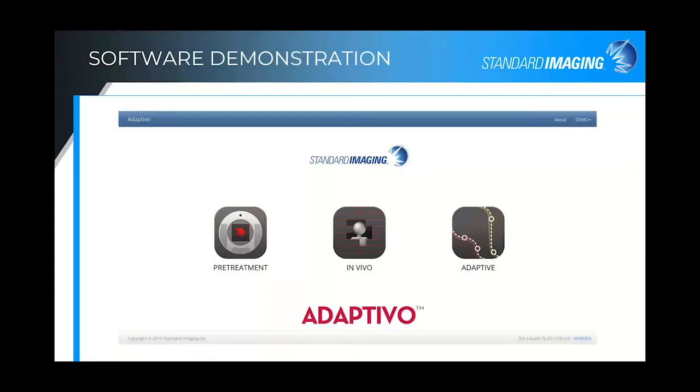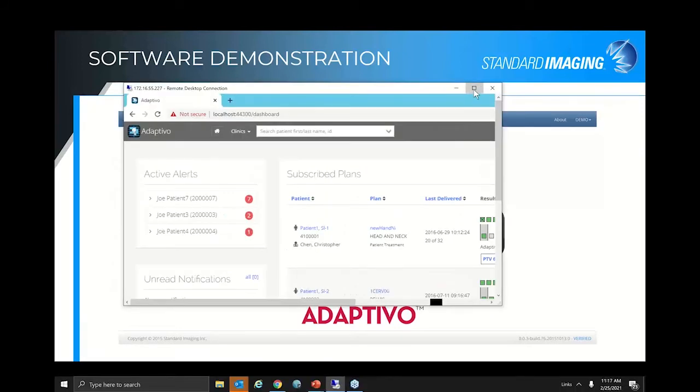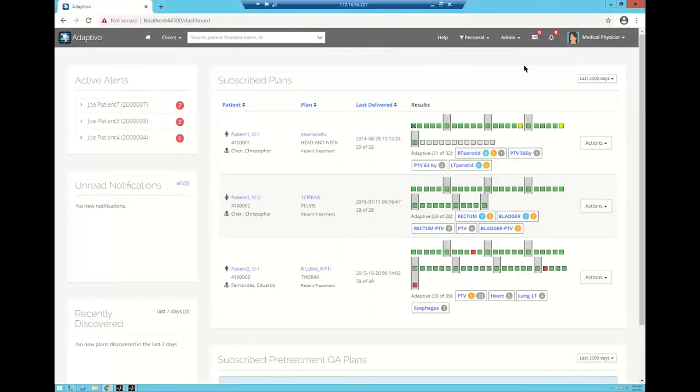So now I'll go ahead and bring the Adaptivo software over to the screen. And so here you can see the dashboard that I've been talking about. For this particular setup that I have, we have 3 patients that have active alerts.